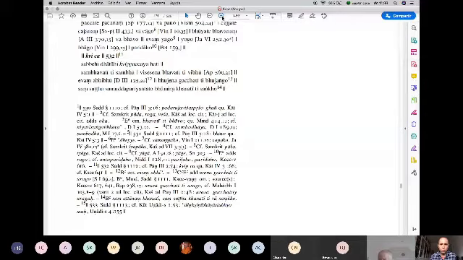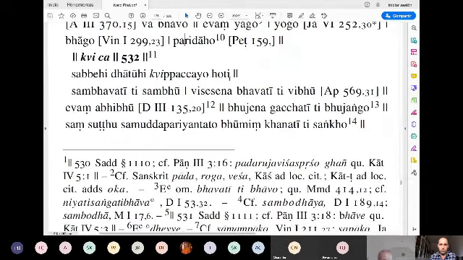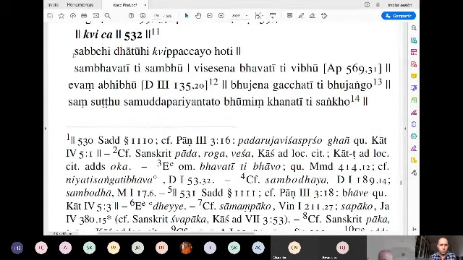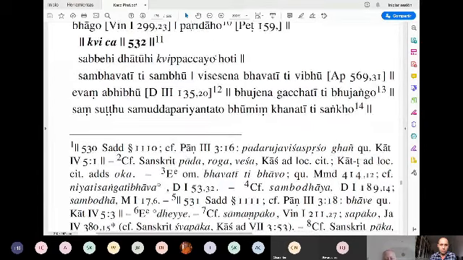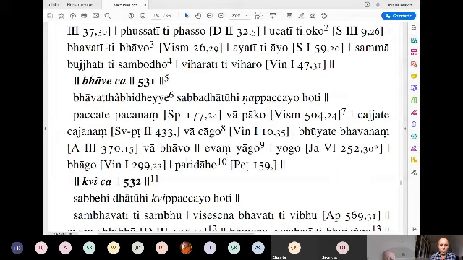So this is the rule that we are mentioning here. Kwicha sabbehi dhatuhi kwi pachayo hoti. So after all dhatus, the kwi pachaya applies. It applies there, and there is the cha. So here, of course, we see this cha, and this cha seems to be dragging the sabba dhatuhi.